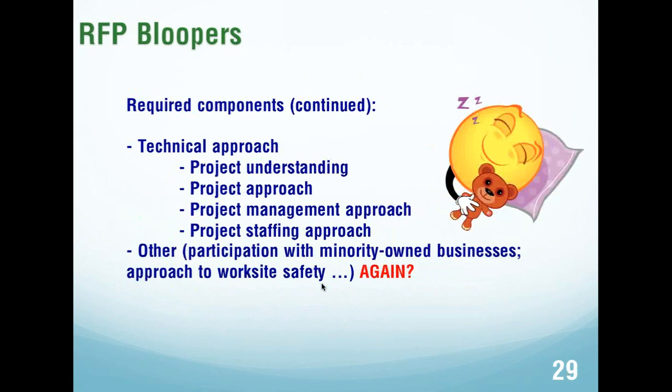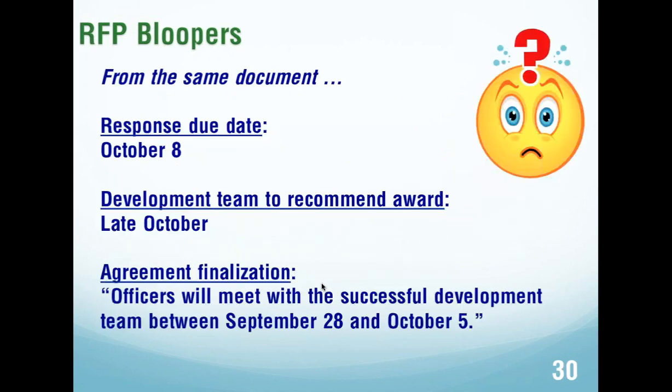Again, make sure that what you've required in one part of the RFP or RFQ does not contradict or repeat what's been asked for again in another part of your document, because that happens. Again, make sure your dates are logical.